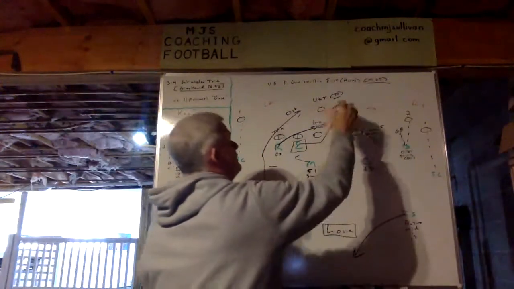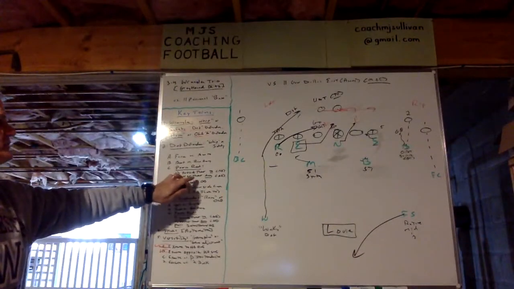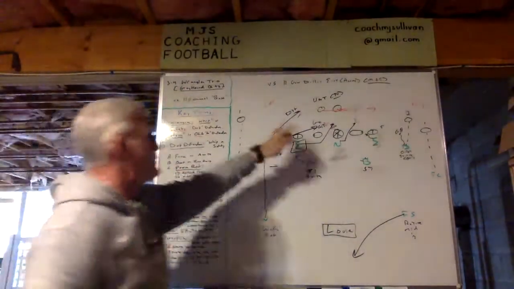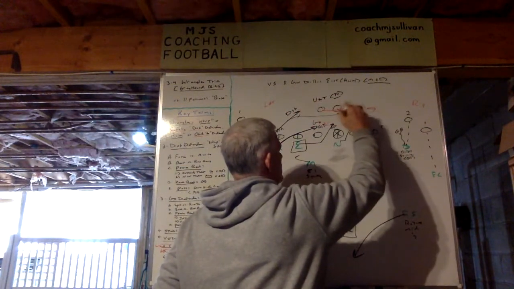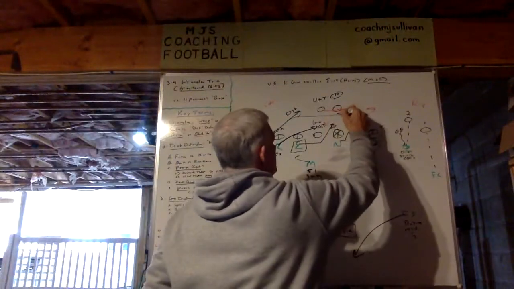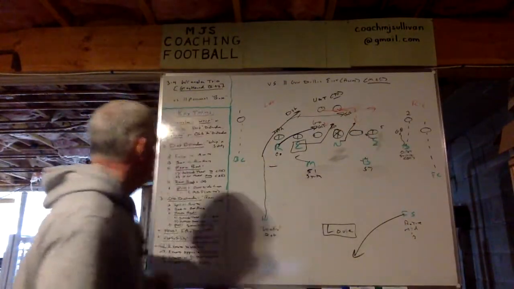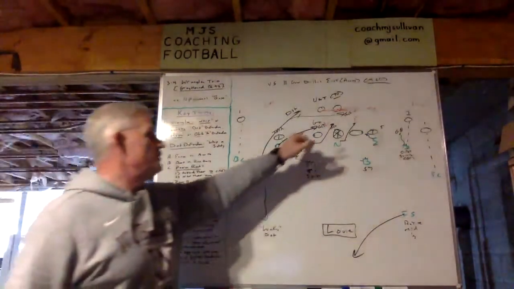Okay? So, right? Dog defender has the near threat when it's going away from him. So now he's not going to chase the back. He's going to change his course, and he's going to become a quarterback defender. Okay? The go defender, okay, farthest threat.